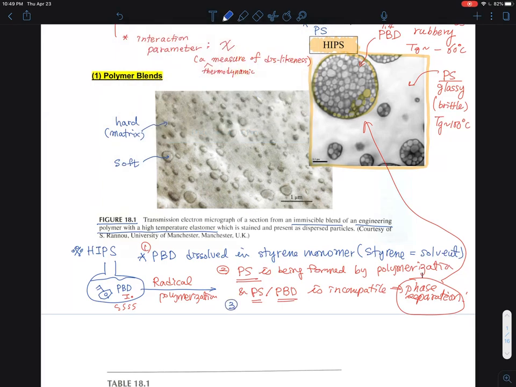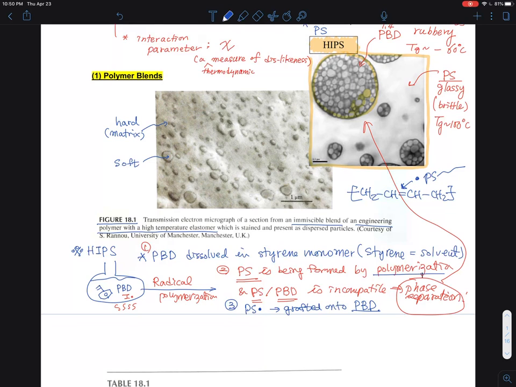So during the polymerization, actually polystyrene radical is grafted onto polybutadiene, because polybutadiene, as you know, has this double bond, and a polystyrene chain can graft onto this.